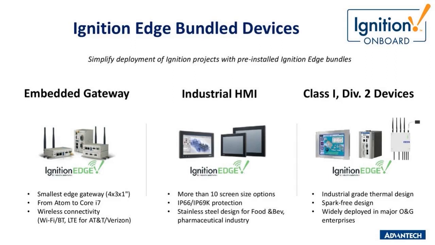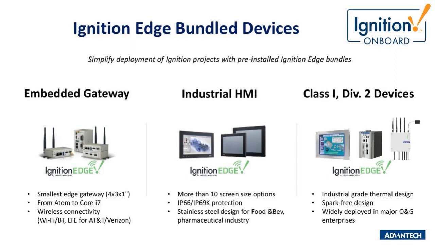So we've got embedded gateways and edge industrial compute devices that range from our smallest Uno, which is a pocket-sized device that would fit in your pocket, scaling all the way up to Core i7 processors. We've got wireless connectivity options from Wi-Fi, Bluetooth, LTE. We've also got HMI versions of these, so these are kind of touch panel PCs.